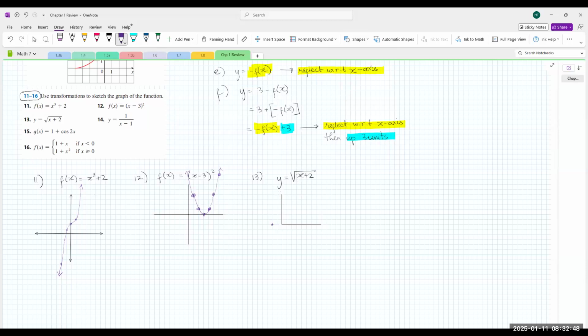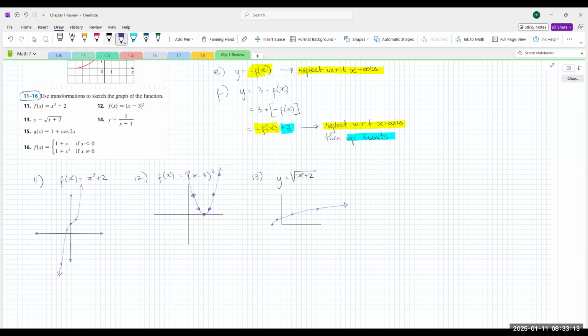Okay, the vertex now is negative 2, 0, and then 1 unit up, 1 unit to the right; 2 units up, 4 units to the right; 3 units up, 9 units to the right. So the graph is approximately like this. Notice that I bubble my important coordinates.